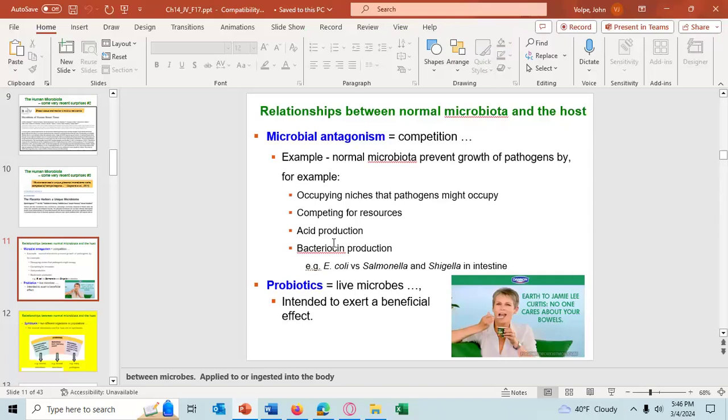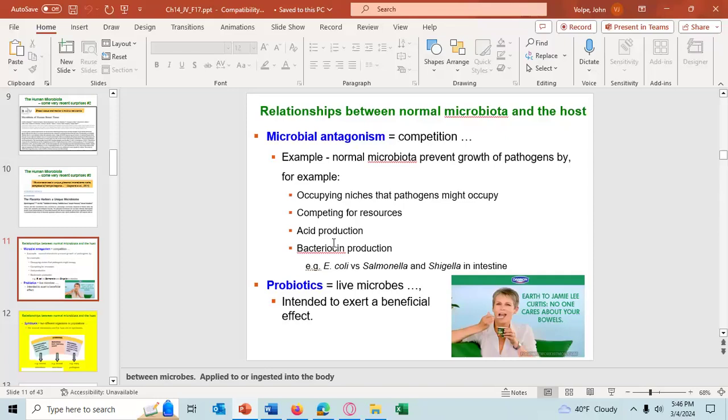That is the consuming or taking of live microbes to exert a beneficial effect. For example, if you eat yogurt with live culture, meaning live bacteria in them, you're much less likely to come down with a yeast infection.